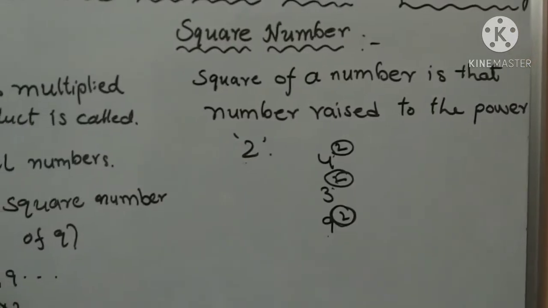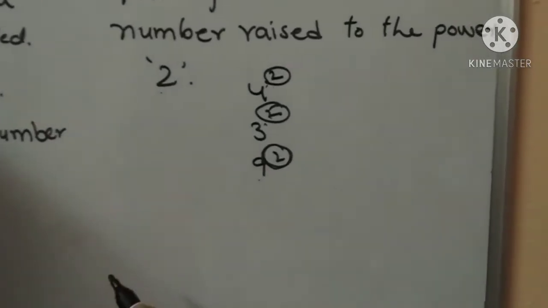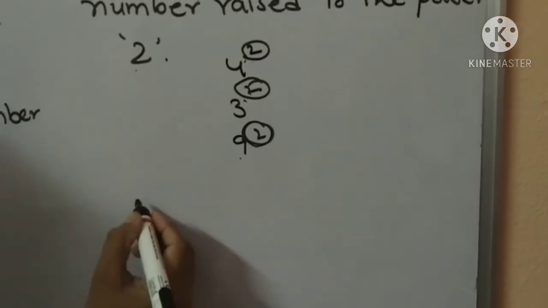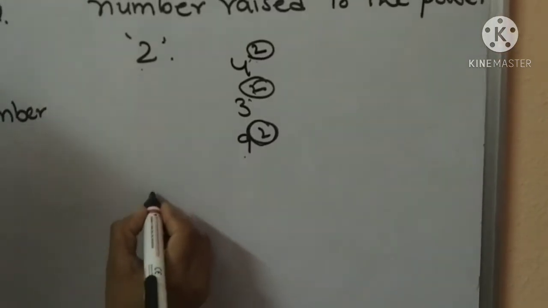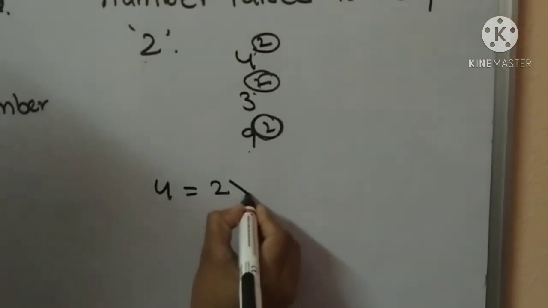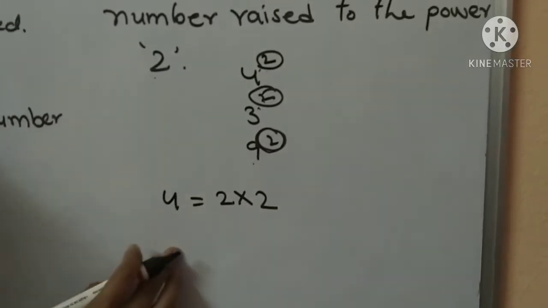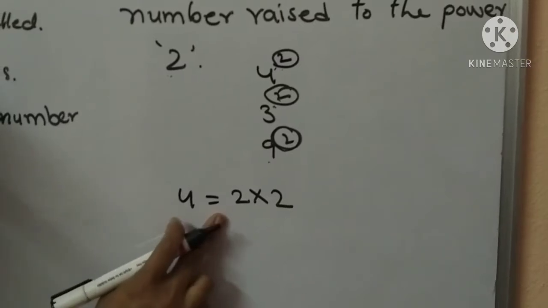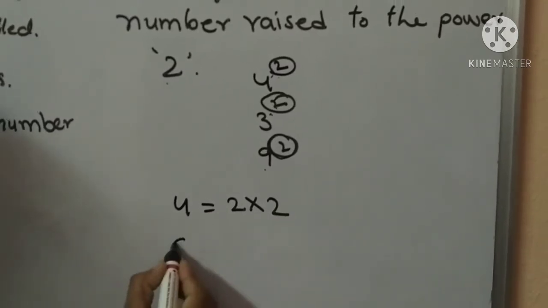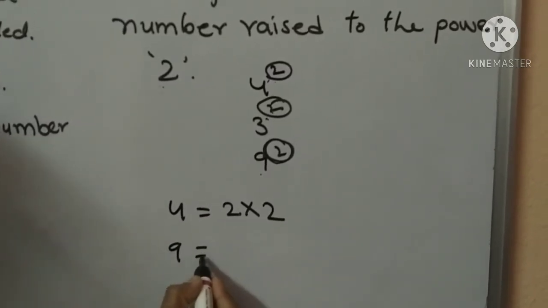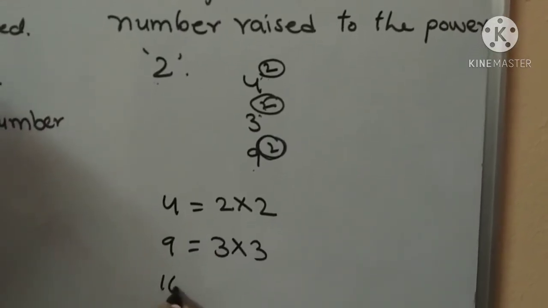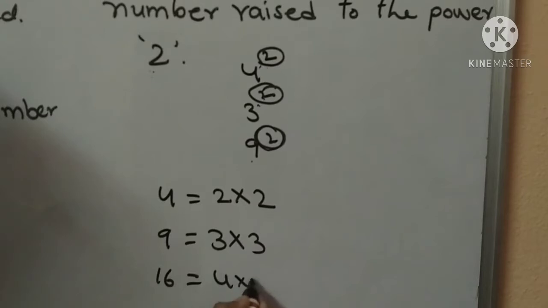For example, 4 can be expressed as 2 into 2. 9 is expressed as 3 into 3, and 16 as 4 into 4, like that.